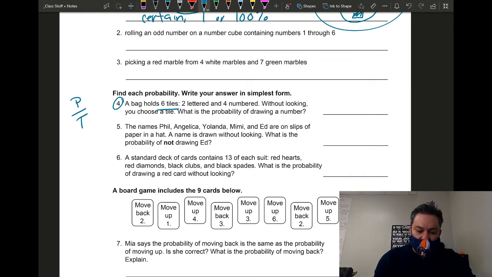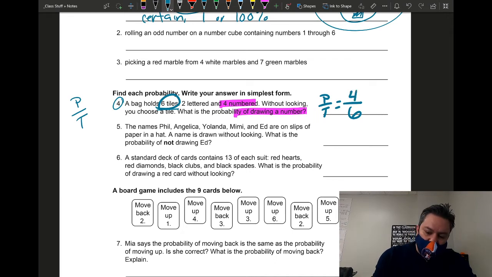Without looking, you choose a tile. What is the probability of drawing a number? The part is going to be whatever that question is. Drawing a number, and I know there are 4 that are numbers. So my part over total: my total is 6, and the part is 4.